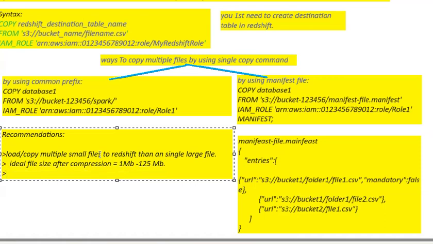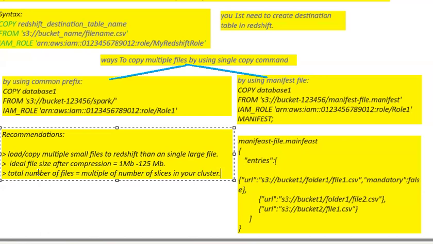Now, to optimize the performance of your data load, providing multiple small files is good, or is there any other recommendation for this also? There is another recommendation as well. The total number of files that you want to copy should be a multiple of the number of slices in your cluster.